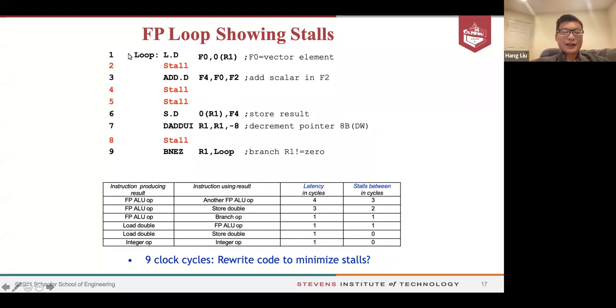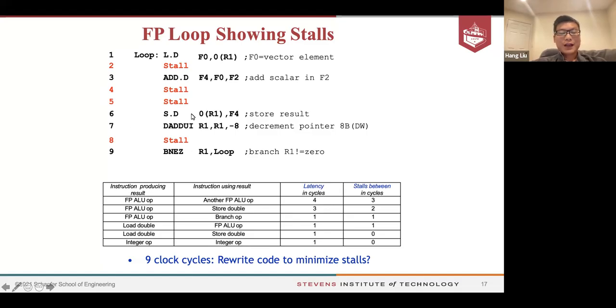Assuming we start from cycle 0, cycle 1, then we have 1 stall, and then we do the addition. We have 2 stalls before the store, and there's no dependency from store to addition.